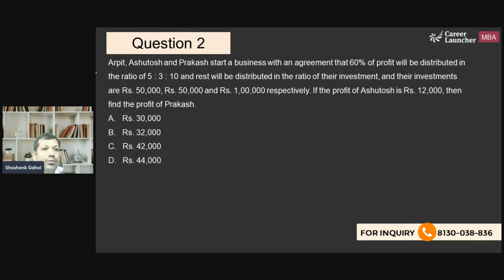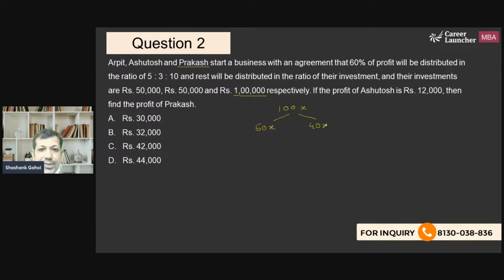Okay, and who is Prakash? Prakash is this guy. And the profit of Ashutosh is 12,000. Okay, how will we do this? First of all, I am going to assume that the total profit is 100x. Out of that 100x, 60x is there and 40x is there.